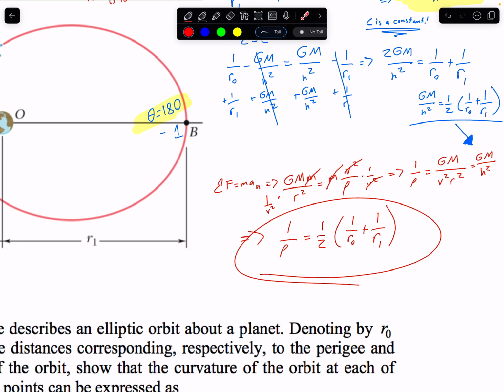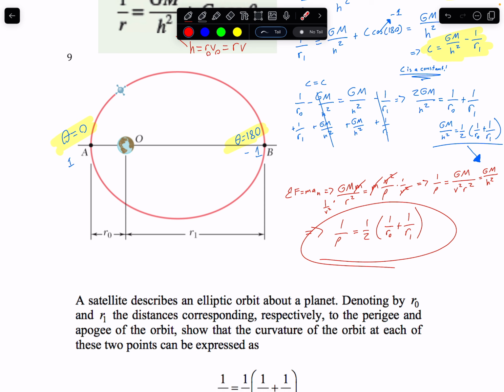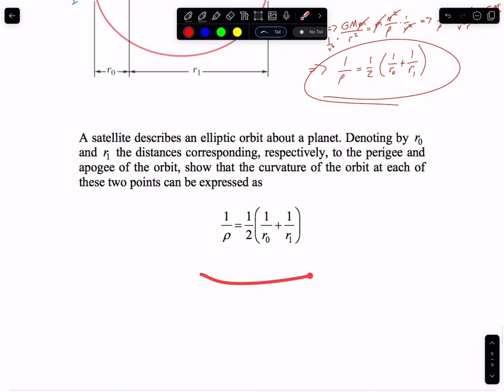And since 1 over rho, or instantaneous curvature, is equal to G times big M over h squared, guess what that's equal to? That guy. So we get that 1 over rho is equal to 1/2 times 1 over r0 plus 1 over r1, which is exactly what we get right there.